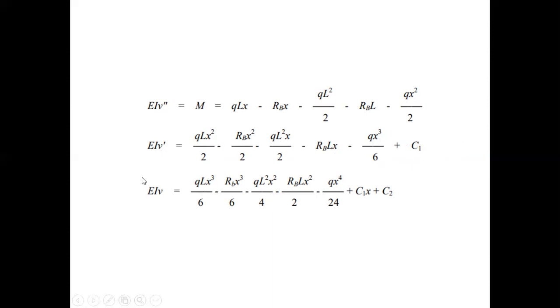Then again, on integrating this equation, we'll simply get qlx cube by 6 minus RB x cube by 6 minus ql square x square by 4 minus RB l x square by 2 minus qx to the power 4 by 24 plus c1 x plus c2.